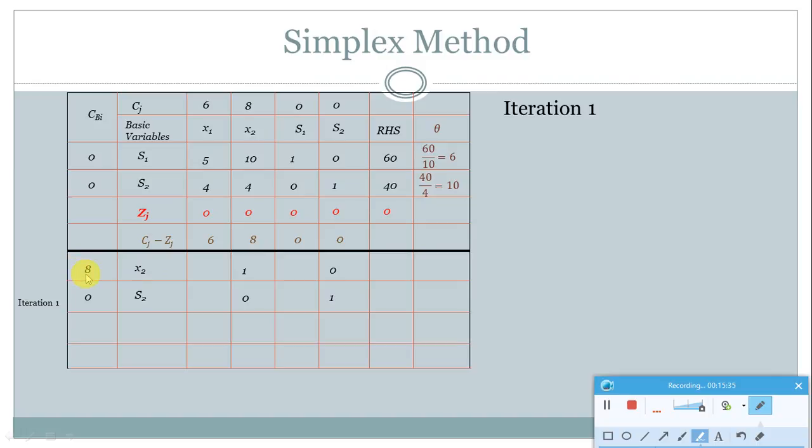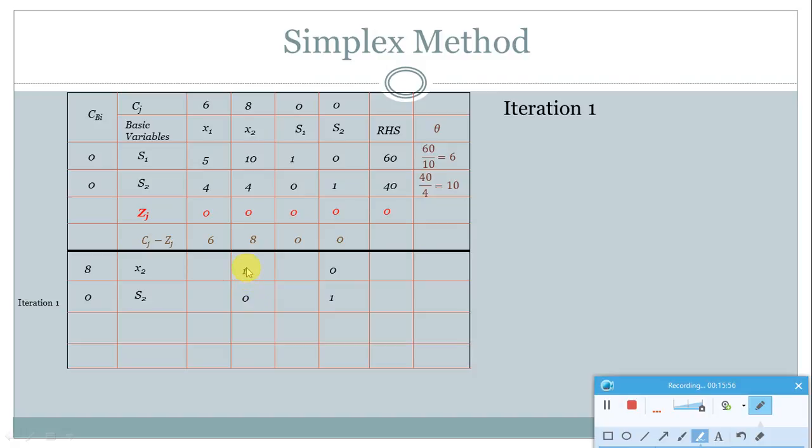Now the values of these cells are obtained like this. For the variables which have entered the basis, the matrix formed by these variables must be obtained as a square matrix.